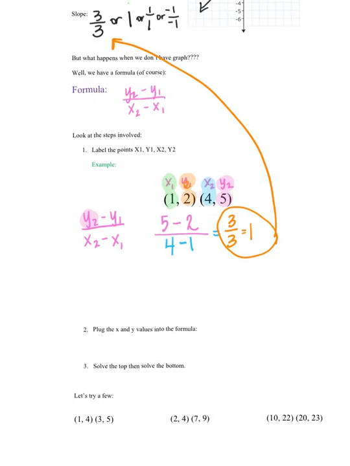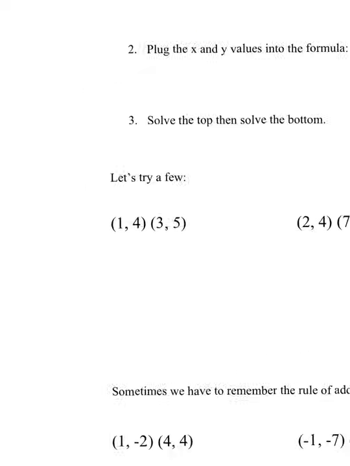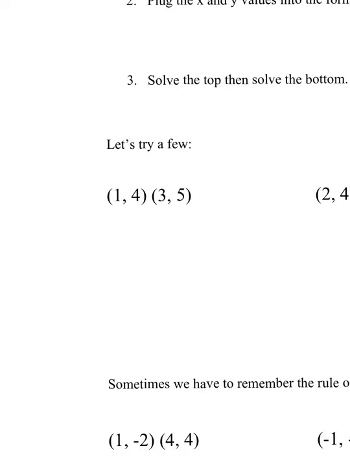Okay, so those were the steps. So we labeled our coordinates x1, y1, x2, y2, plugged in the values, and then solved. So let's try a couple more. Okay, I'm going to label my points. X1, Y1, X2, Y2. Again, my formula is Y2 minus Y1 over X2 minus X1.